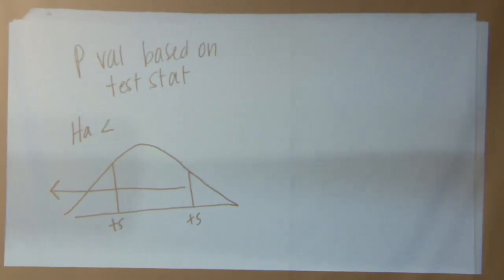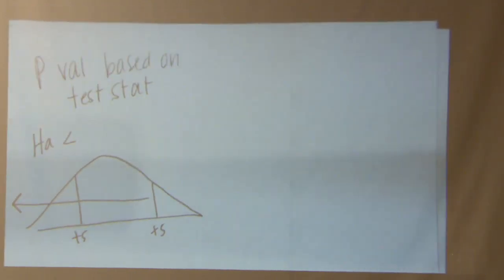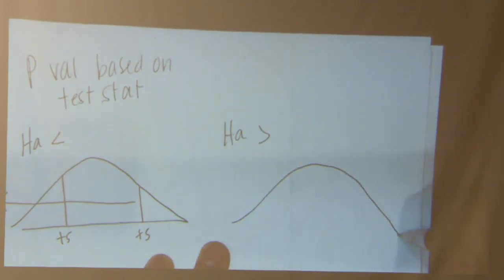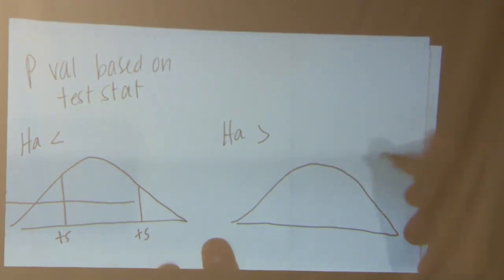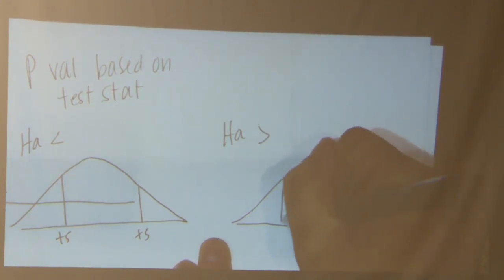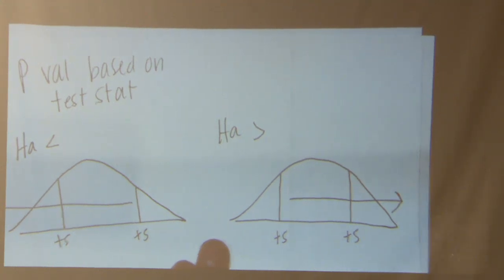And you would look that up depending on which chart you're using, whether you would use the z or the t. If your alternative hypothesis is testing for something greater than, usually your test statistic will be somewhere on the right, but not always. So even if it's way over here on the left, your p-value is going to be everything to the right.